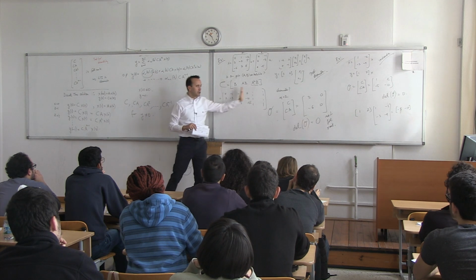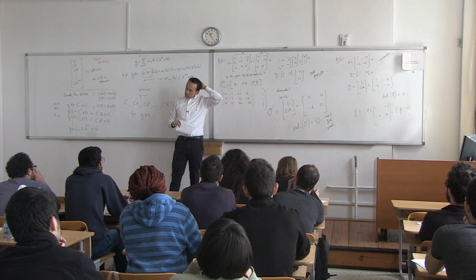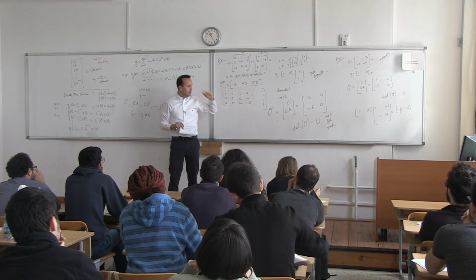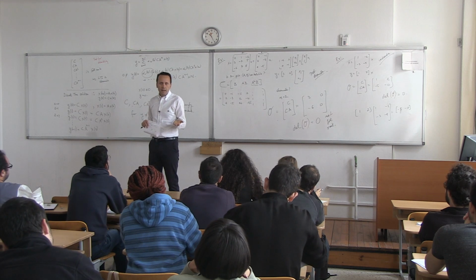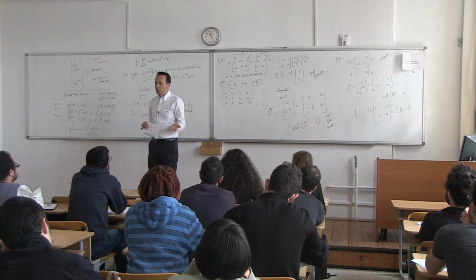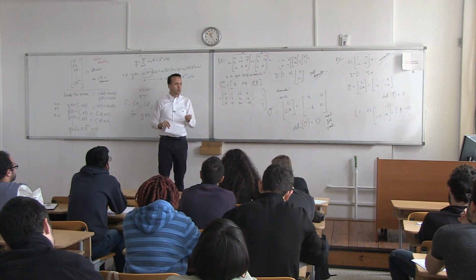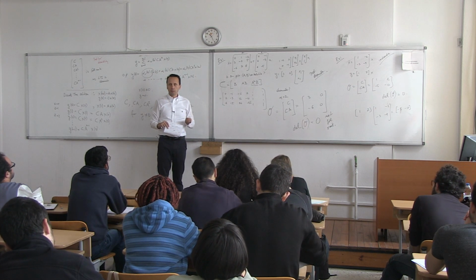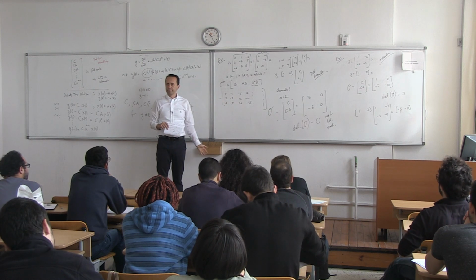Or should I look at all the columns? Well, the rows cannot have more than 3, right? It has to be 3. So if the rows are linearly independent, I would still call it a full rank matrix. So all I really need is rank equals 3 to call this a full rank.